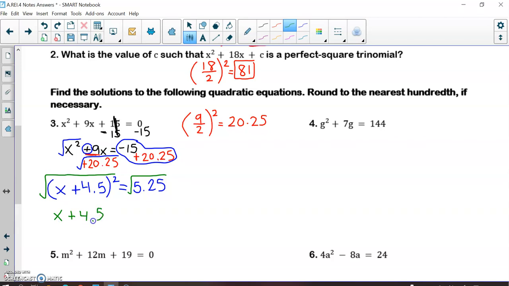And then the square root of 5.25, we're going to need to round, and it does say to round to the nearest hundredth. Remember, when we take the square root when solving quadratic equations, we are going to wind up with the positive version of our number or the negative version of our number, and it's going to be about 2.29.